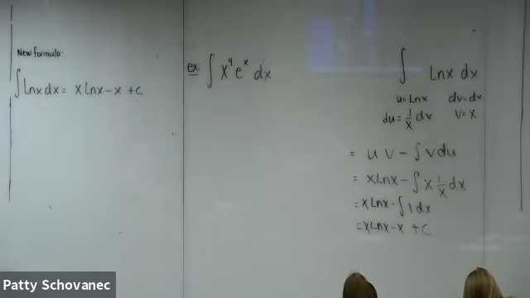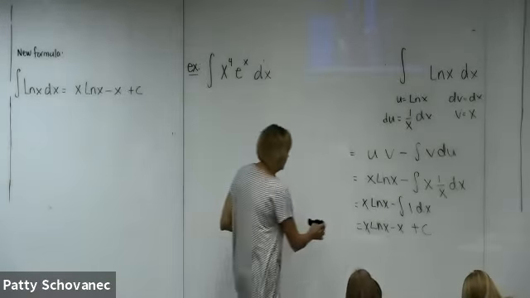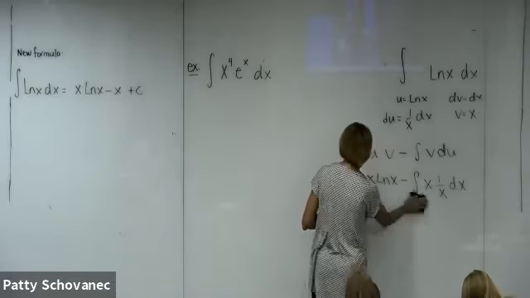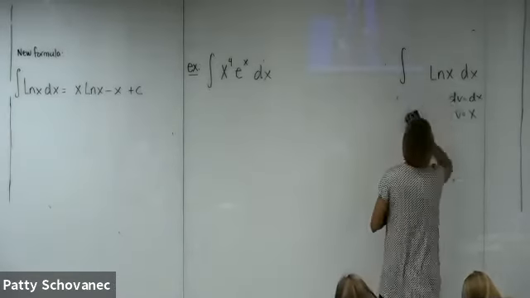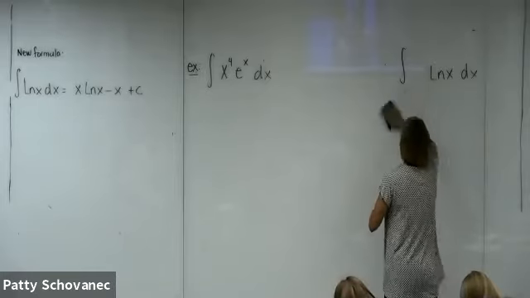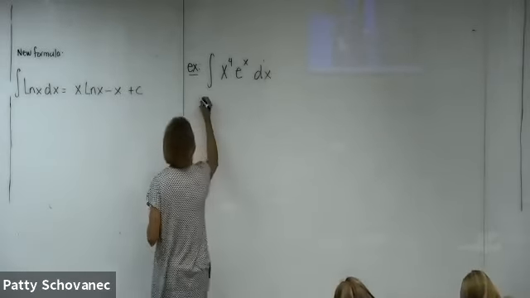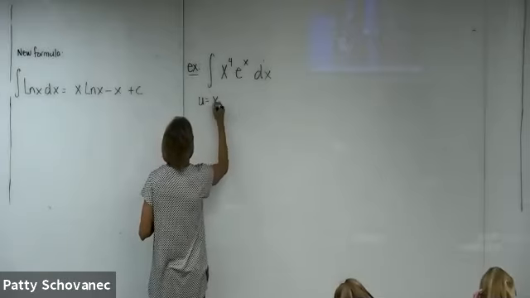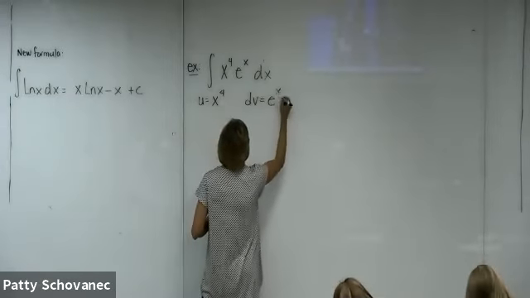So let's pick e to the x dx as the dv, and let x to the fourth be the u. We'll take u to be x to the fourth, dv to be e to the x dx.